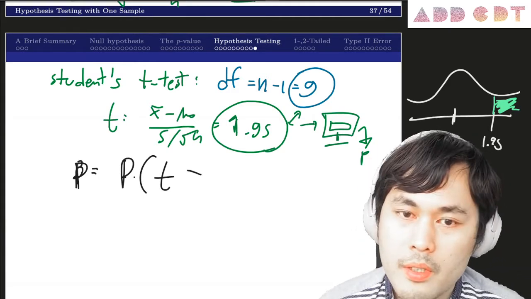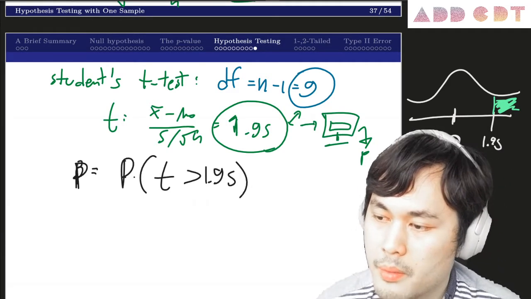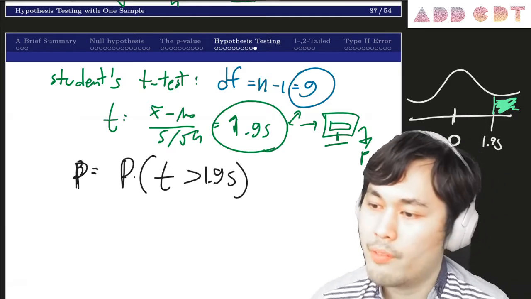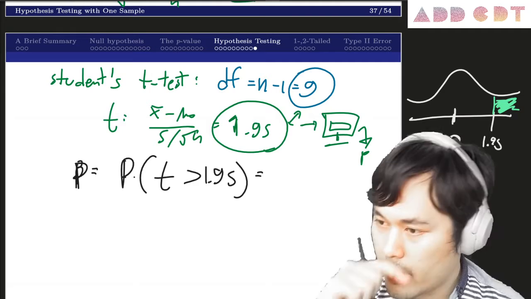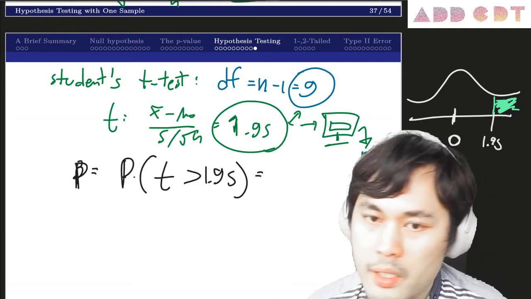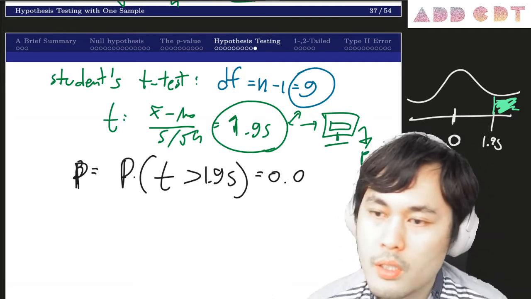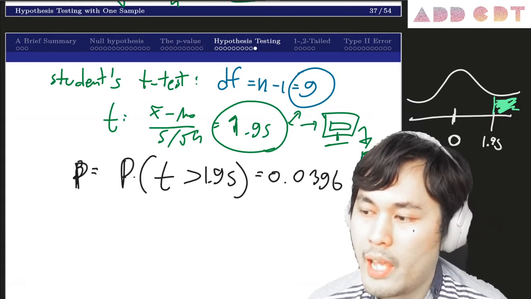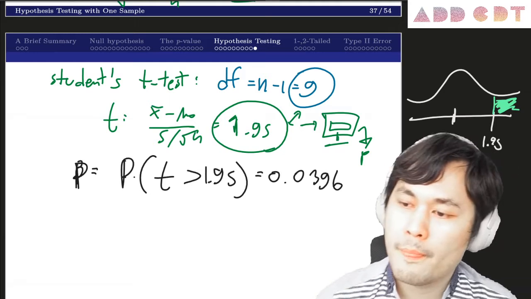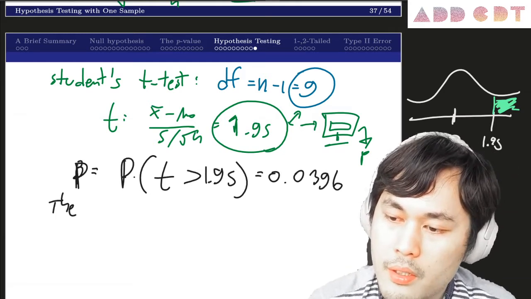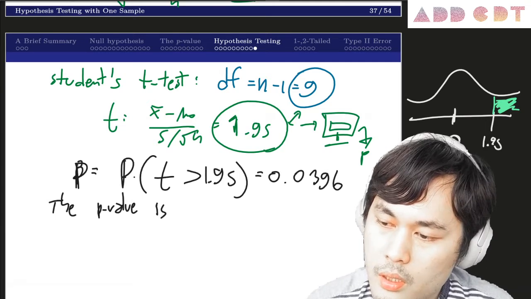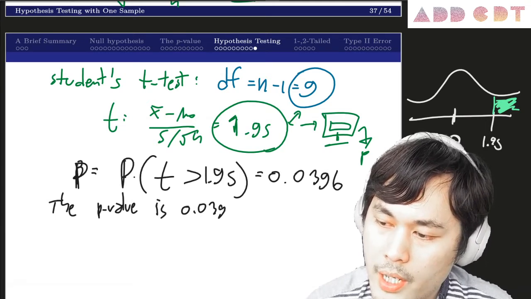So we are trying to find this probability, the area of the curve. And if you put that in whatever tool you are using, you are going to get 0.03696. And so we can say now that the p value is 0.0396.